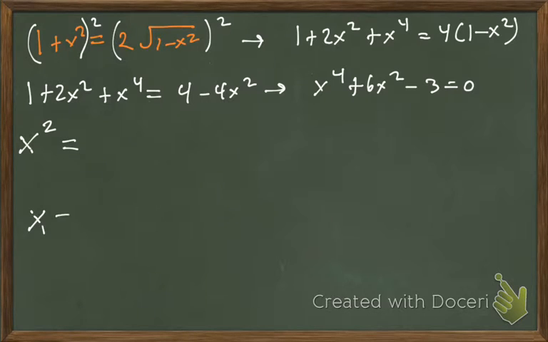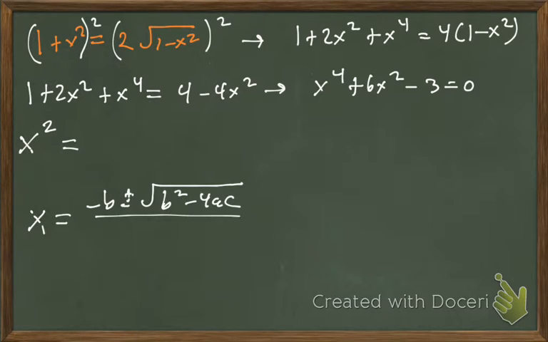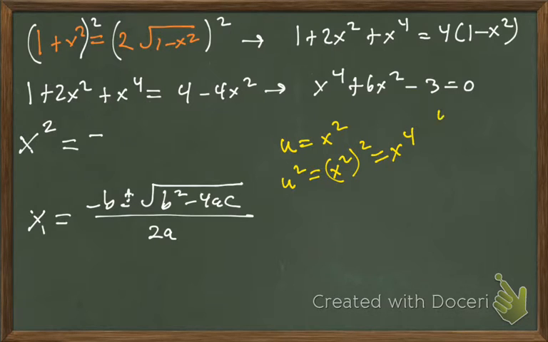And sadly, this is not going to factor, so we're going to use the quadratic formula. It's not quite quadratic, but it is what we call quadratic form. If you imagine that u is x squared, then u squared is x squared squared, so that's x to the 4th. So this looks like u squared plus 6u minus 3 equals 0.